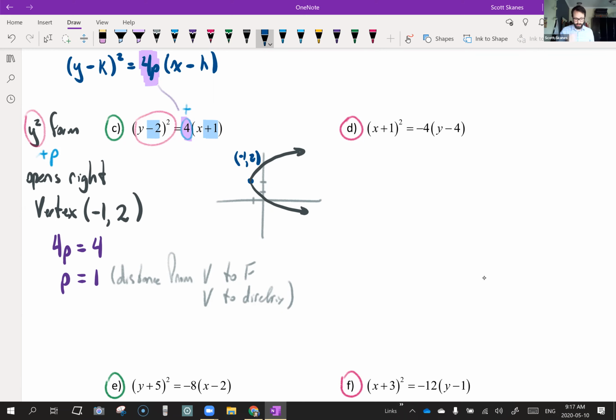What coordinate is the focus at? Remember, it's got to be a distance of 1 away from the vertex. The focus is inside. If it's that far away, it means that it must be moving in the x direction. What's our coordinate going to be?